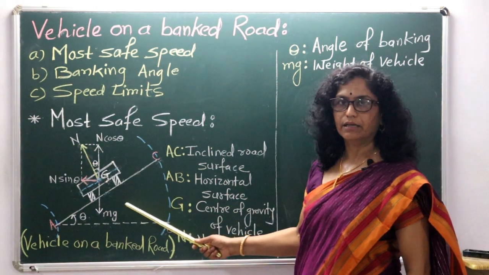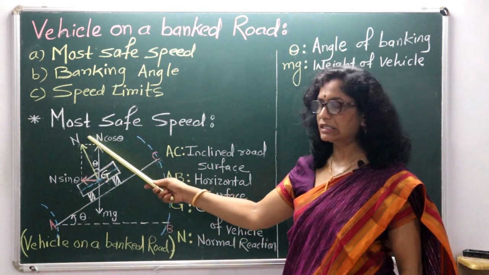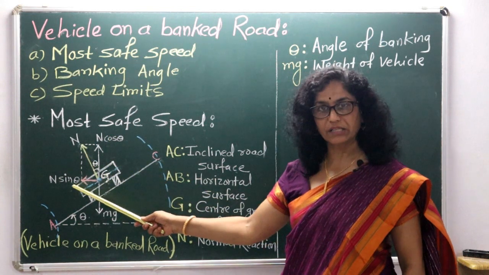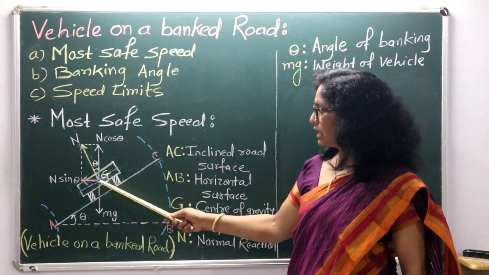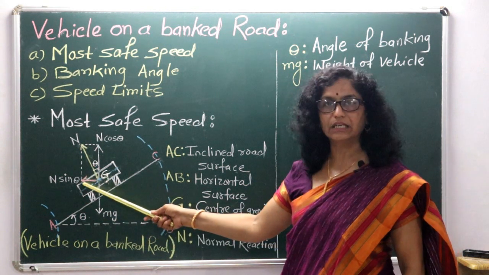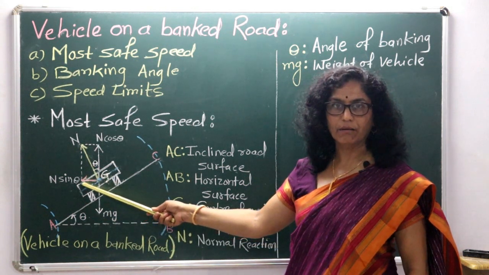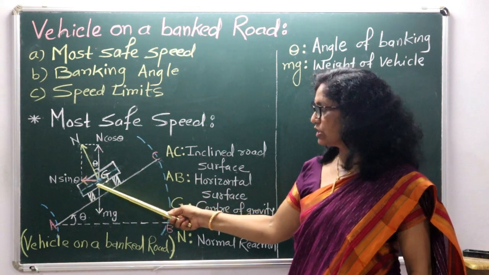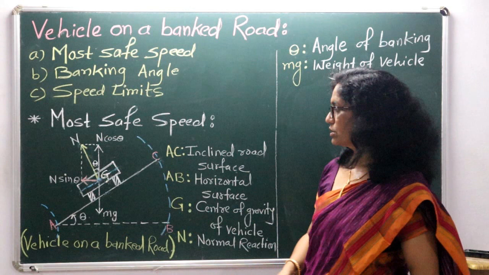Observe this diagram. This normal reaction is resolved into two components, that is N cos theta and N sin theta. This N cos theta balances the weight mg and this N sin theta, that is horizontal component, is the resultant force and which is equal to the centripetal force.